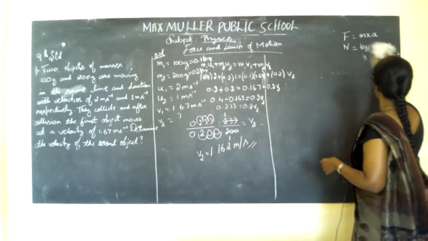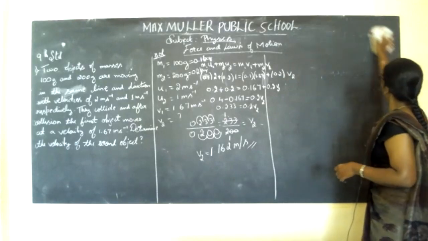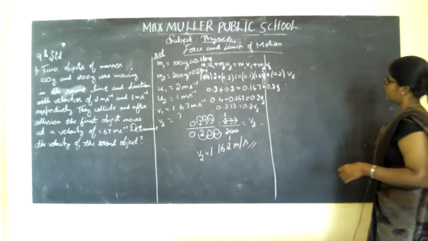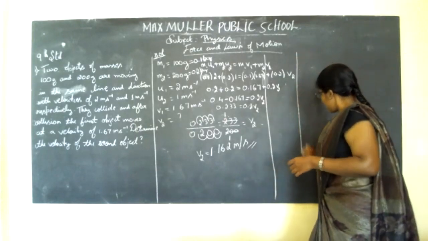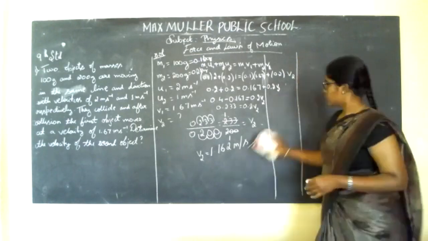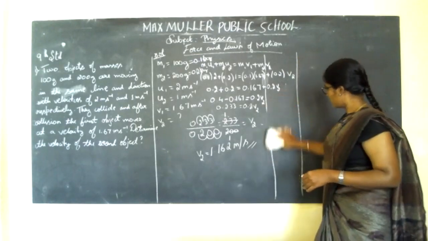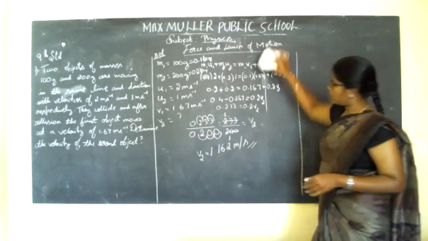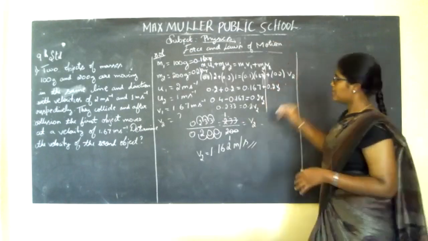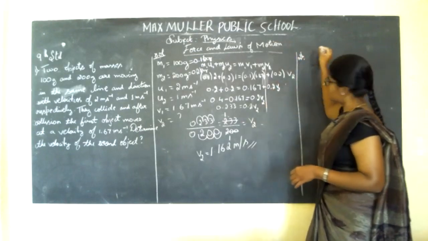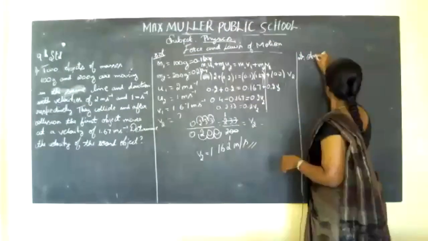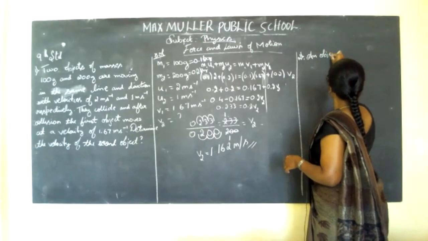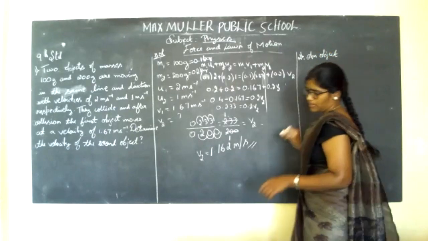I'll erase these formulas, children. What is the next one? Second one of this class. An object of mass. Along with me, you write the question or pause it and then write the question.